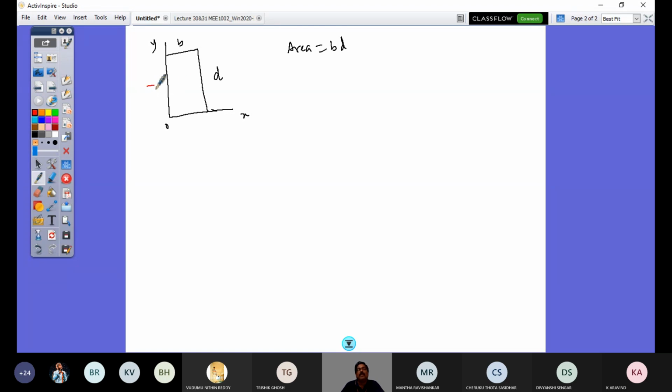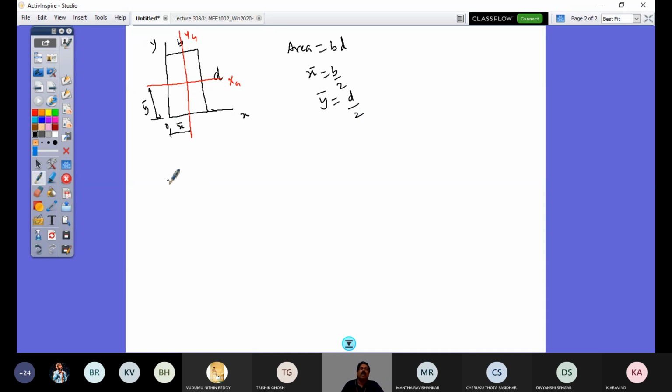But by observation itself, because of the axes of symmetry, they are centroidal axes. This is the XG axis, and this is the YG axis. So they are located at a distance of x bar and at a distance of y bar. By the way, what is x bar? It is B by 2. What is y bar? It is D by 2 from this O, right?